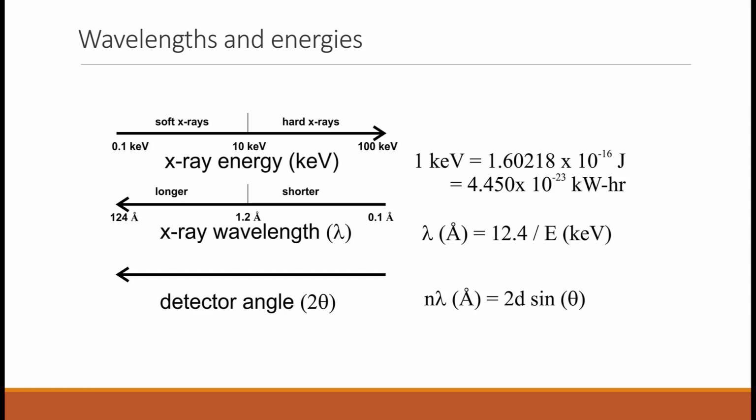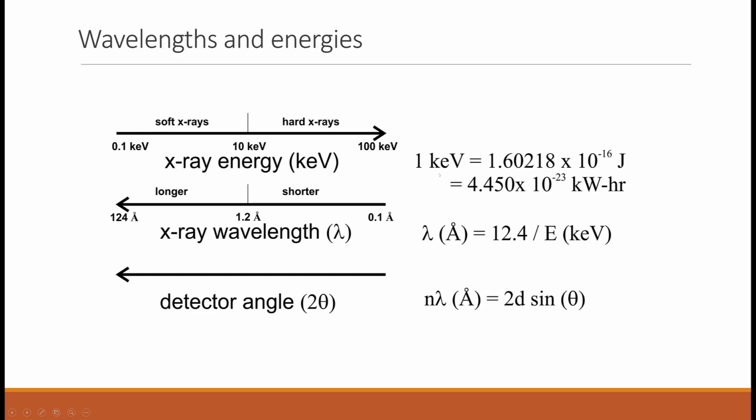There are no real dividing lines in it. But we do discriminate between high voltage and low voltage, relatively speaking, X-rays. Those at lower voltage, say a tenth of a kiloelectron volt to about 10 kiloelectron volts, are known as soft X-rays, and those above are known as hard X-rays. We'll be using hard X-rays for our equipment.